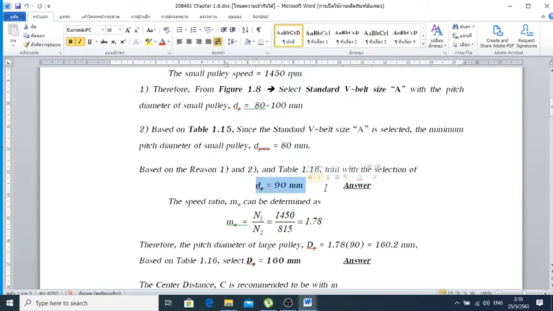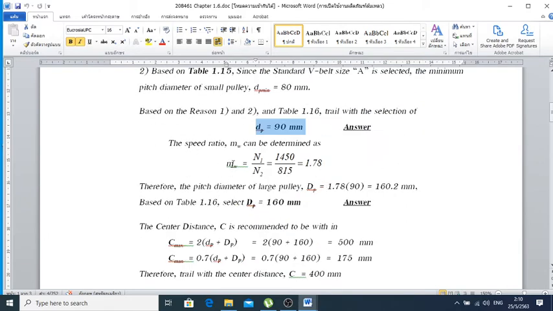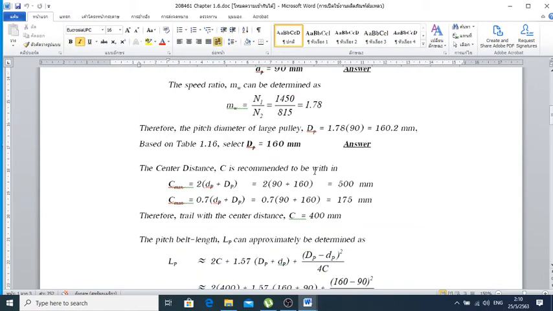That's the answer. And then the speed ratio, N1 over N2, is going to be 1.75. So therefore, it's determined for the D sub P. We have the small d sub P already, so therefore we get the capital D sub P. That can be the answer.